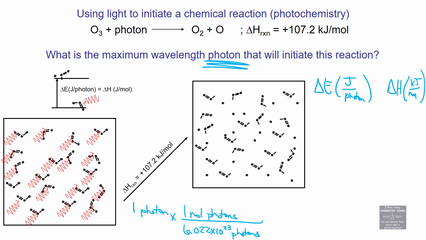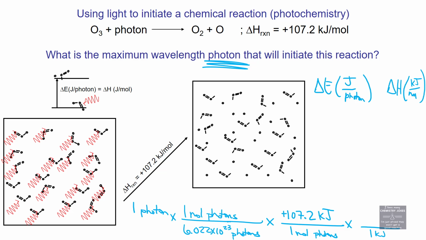Remember, mole is just a name for a number, and I bring in Avogadro's number of photons, and 1 mole of photons would require 107.2 kilojoules of energy. And I'm almost there.